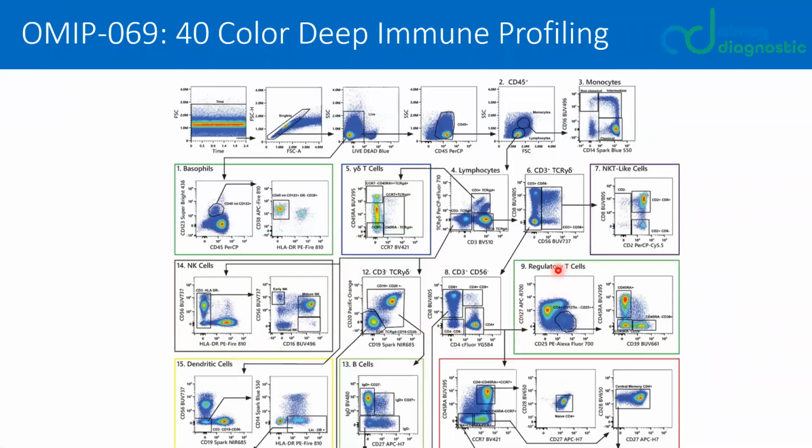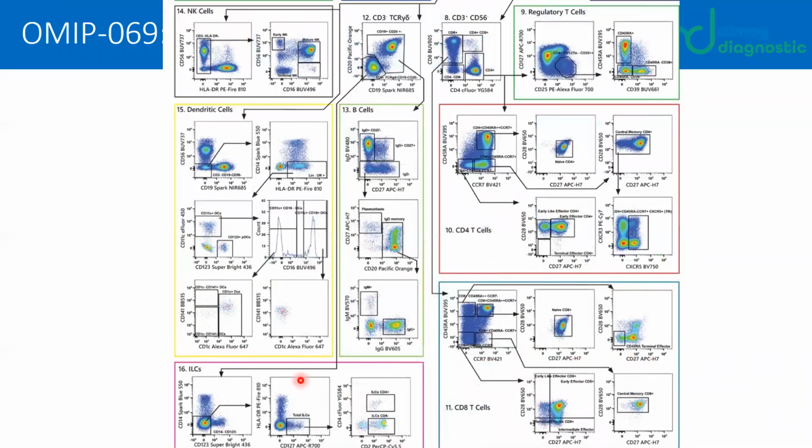And many other cell types: regulatory T cells, B cells, dendritic cells. Also, we can see here the naive CD4 cells and also central memory CD4 cells. So all these cell populations are very nicely shown in this paper, and in case you want to see it, you can find it through a search in Google.